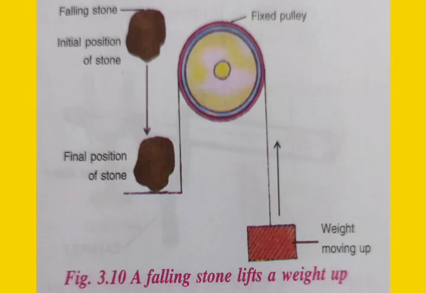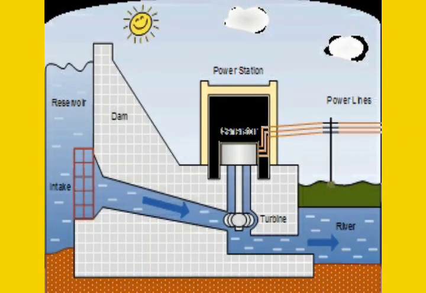And then the weight of the stone helps in lifting up a weight at its other end, and this is possible because of the energy stored in the stone. And the energy stored in the stone is which kind of energy? Potential energy. Clear?